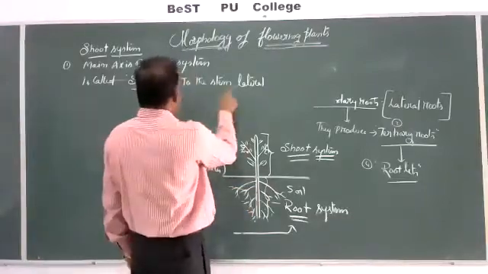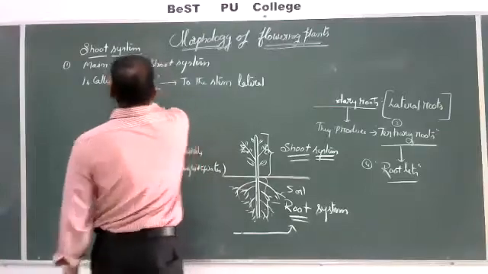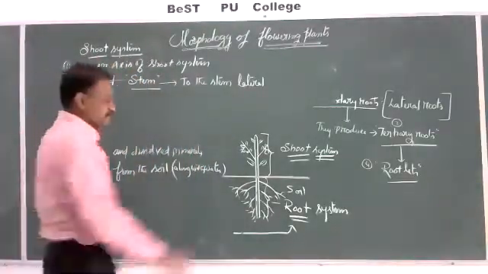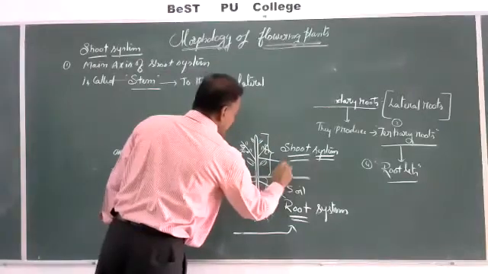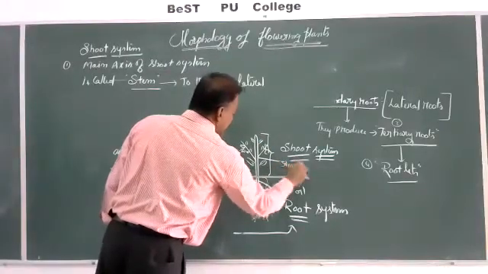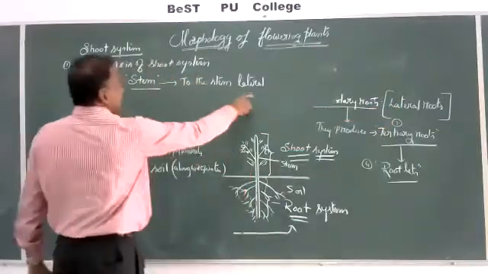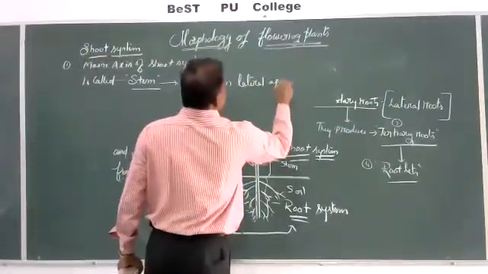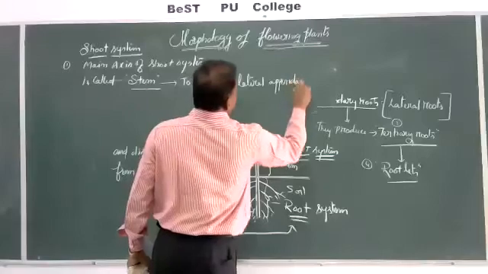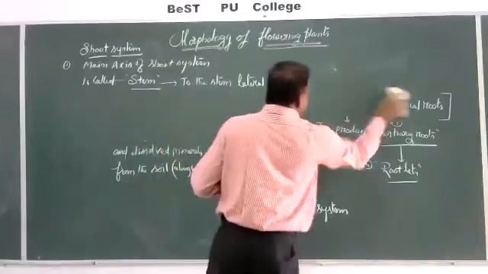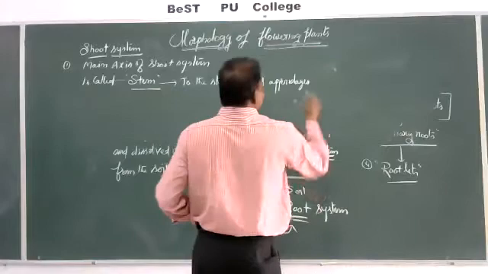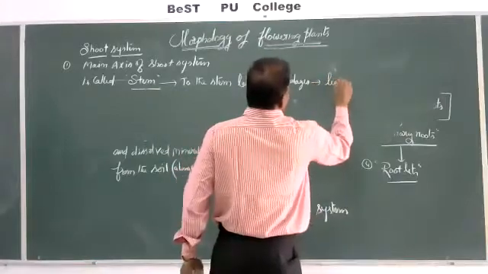What is the stem? The stem is the main axis of the shoot system. It consists of so many lateral, meaning side, appendages. Lateral appendages are parts called leaves.